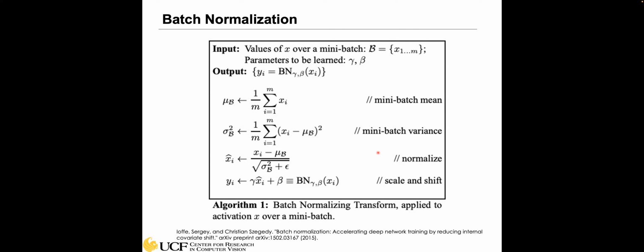In machine learning or data science, data pre-processing is very important: data whitening, subtracting the mean, normalizing the data to a specific range, and a normal distribution. So batch norm has a similar idea. In this batch, we compute the mean and also the mini-batch variance, so we normalize the data.